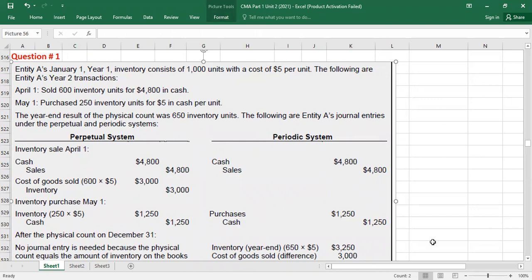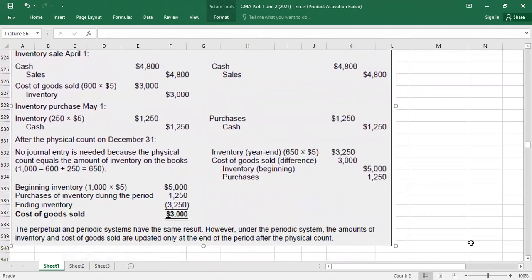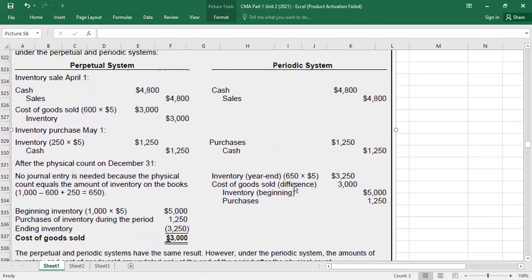Now here, if you want to calculate the cost of goods sold and ending inventory value, how will you do it? Please focus here. First we will credit the purchases account, because we close the purchases account at the end of the period.